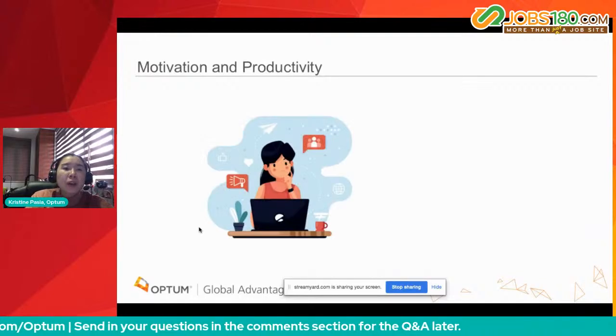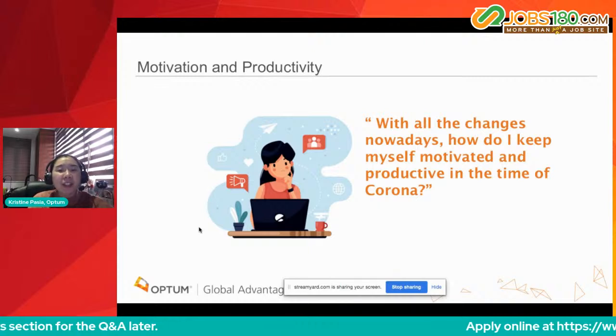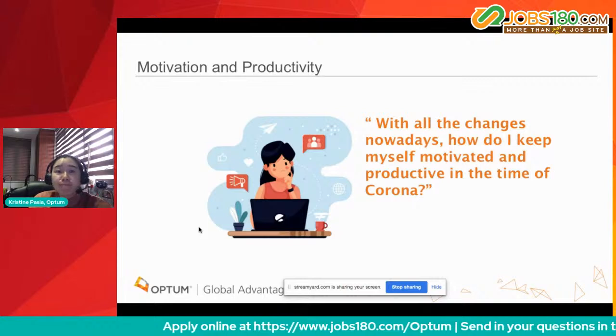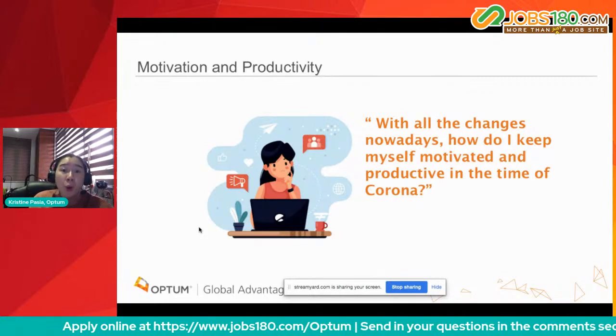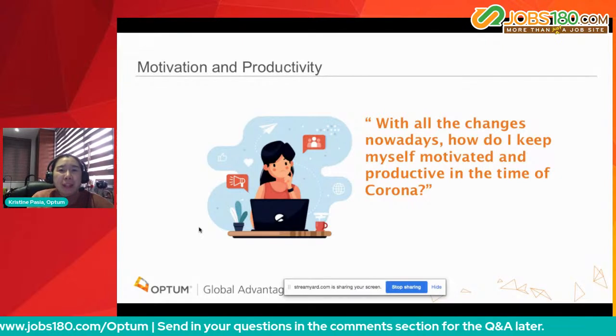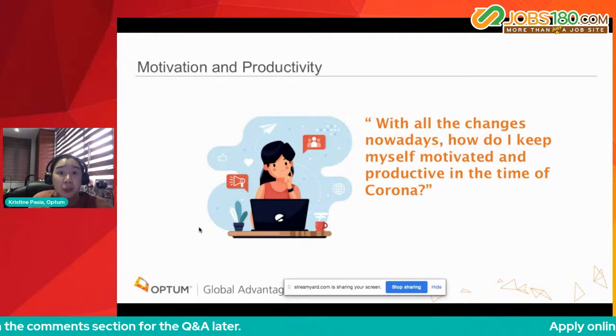Now, with all the challenges nowadays, how do I keep myself motivated and productive in the time of Corona, right? Again, a lot of uncertainties. Also, of course, since we are all working from home and studying from home, sometimes you get a little bit overwhelmed with the work that you have to do, and also the tasks that you have to complete even at home.